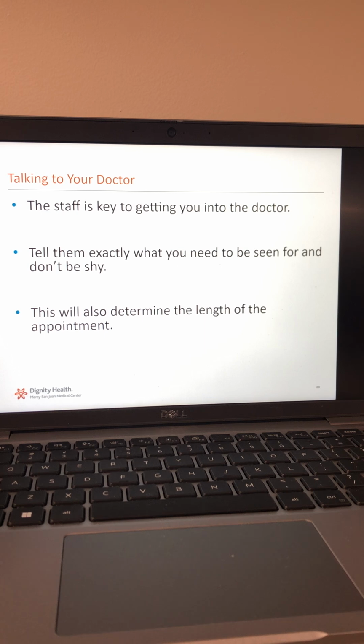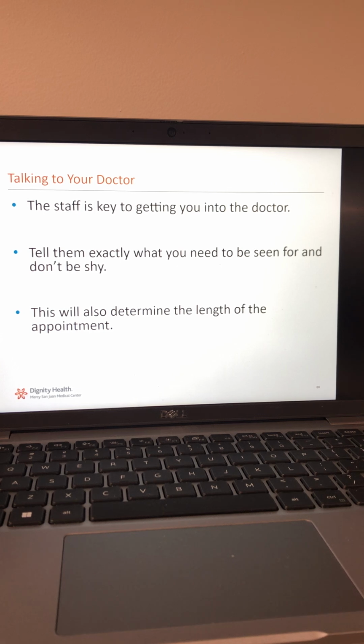Bringing a laundry list to an appointment where you're there for an infected toenail is not going to get you the service that you want. Doctors book their appointments based on what you have told them. So you're going to say, hey, I have this, and this, especially if you're going to your GP.